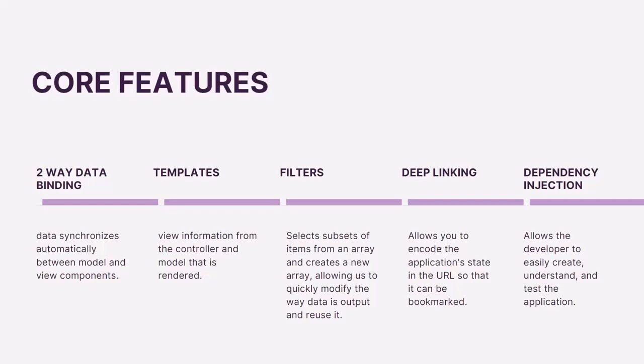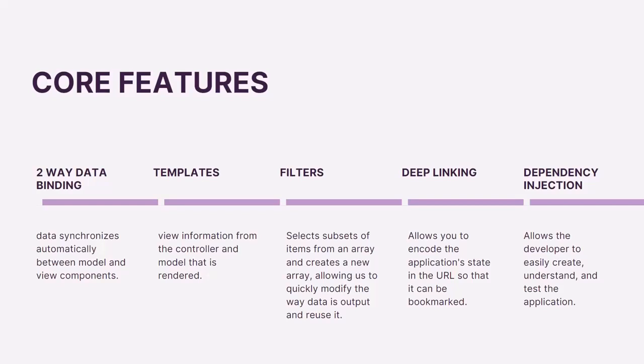These are some of those features. Initially, we have two-way data binding, in which data synchronizes automatically between model and view components, and it's just like magic when you first see it. The next feature is template, which is view information from the controller and model that is rendered. The next one is filters, which selects subsets of items from an array and creates a new one.